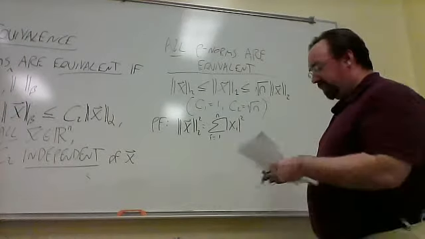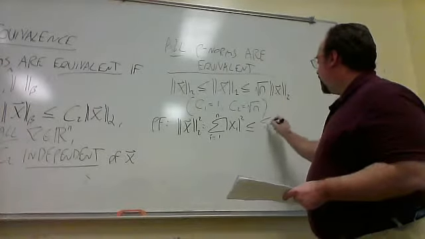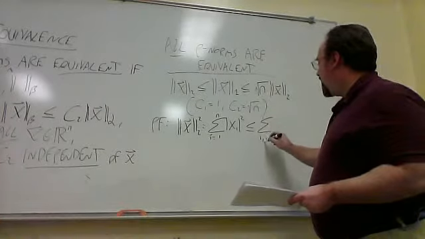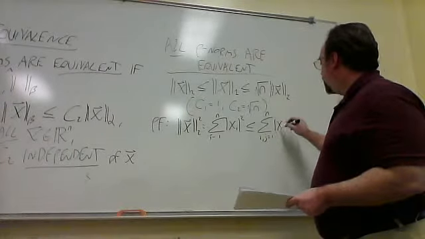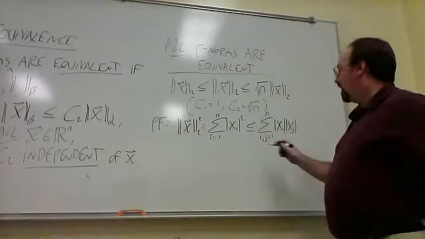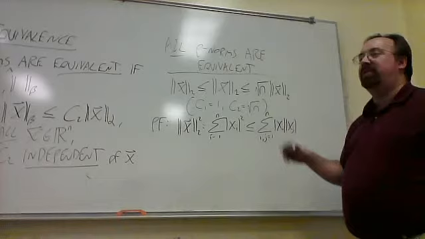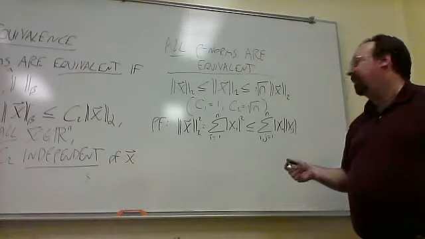But that's going to be less than or equal to the sum over all i and j from 1 to n of absolute value of xi, absolute value of xj, because here I just have the terms where the indices are equal, but now I'm lumping in all the terms where the indices are different.